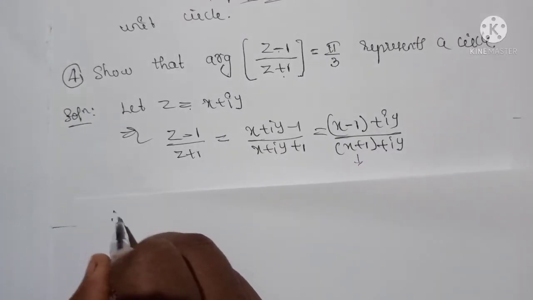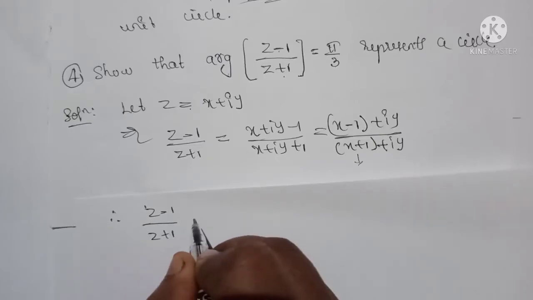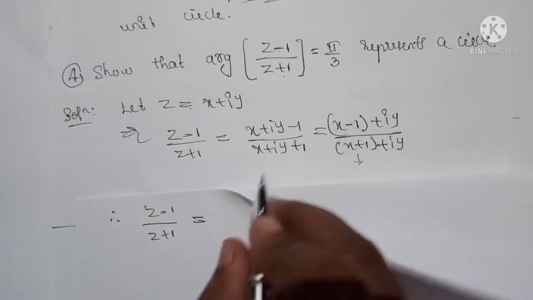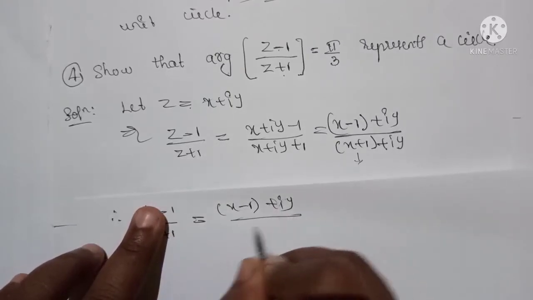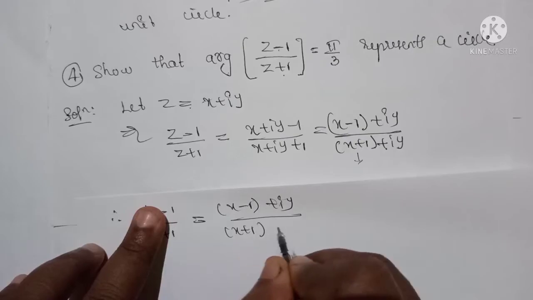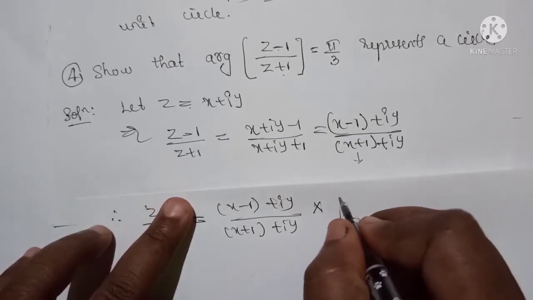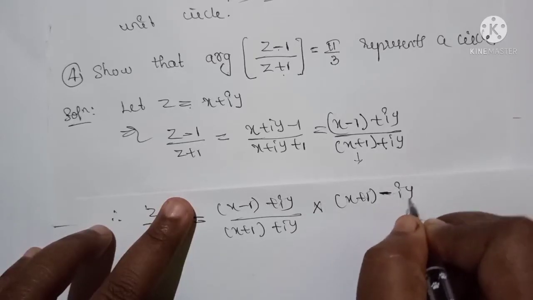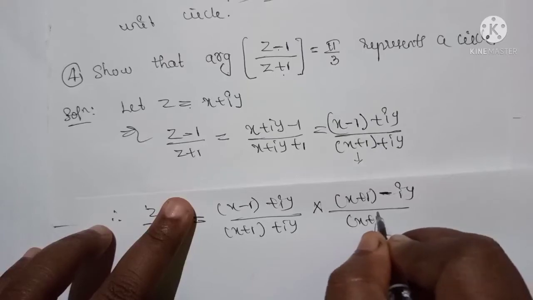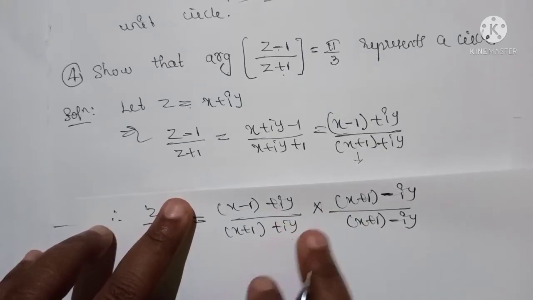So therefore z minus 1 divided by z plus 1 is equals to x minus 1 plus iy divided by x plus 1 plus iy. So dividing and multiplying, we get x plus 1 minus iy divided by x plus 1 minus iy. Okay, so we have to change the sign of the imaginary part.